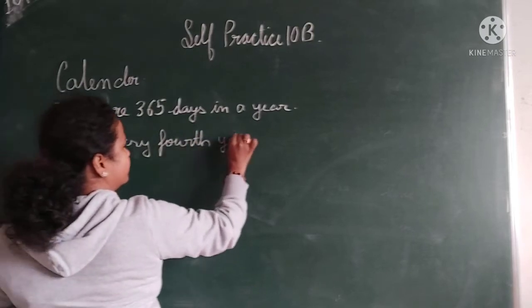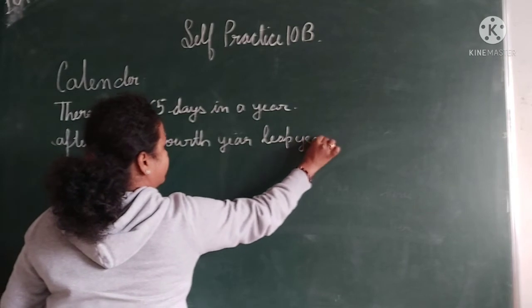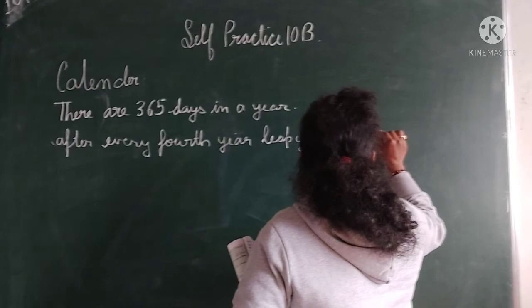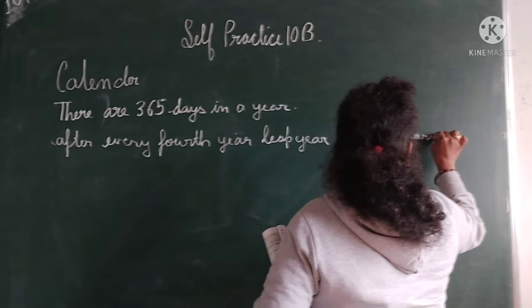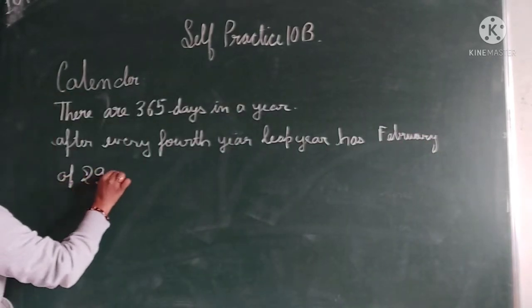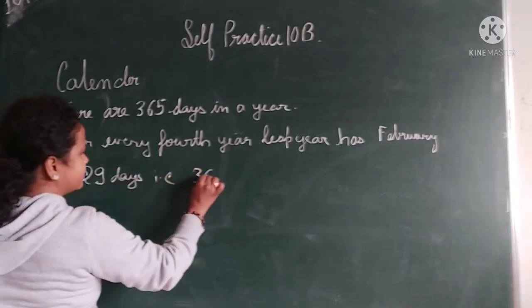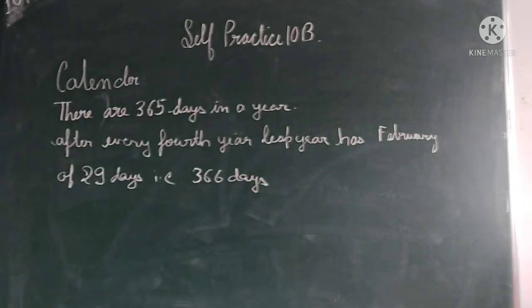The 4th year, leap year, has February of 29 days, that is 366 days. How many days are there in a leap year? 366 days, and in a normal year there are 365 days.